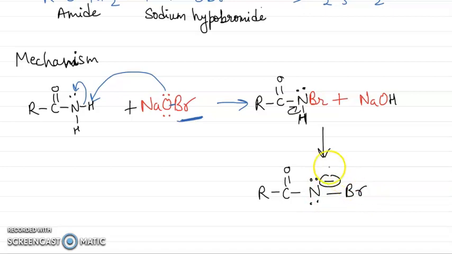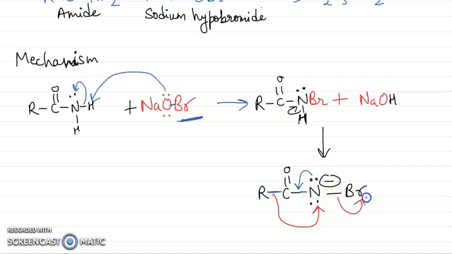So here what would it do? This is an unstable molecule. Because nitrogen has a lot of electron density, it would shift one of its lone pairs onto this carbon, forming a pi bond with carbon, and this carbon can only form 4 bonds. Therefore, this alkyl carbon bond would be broken and this alkyl group will form a bond with this nitrogen atom. And nitrogen can form only 3 bonds.